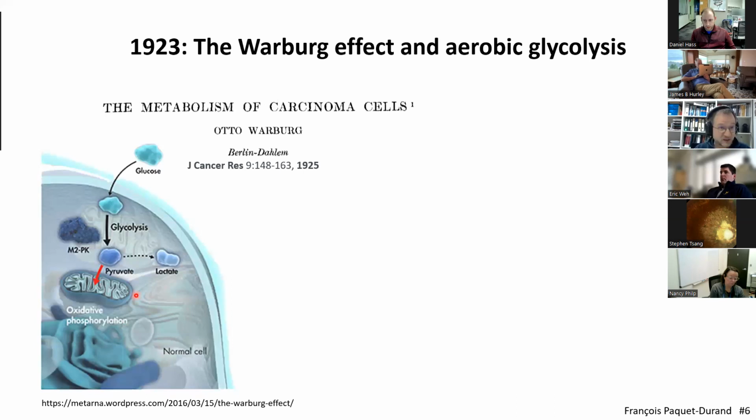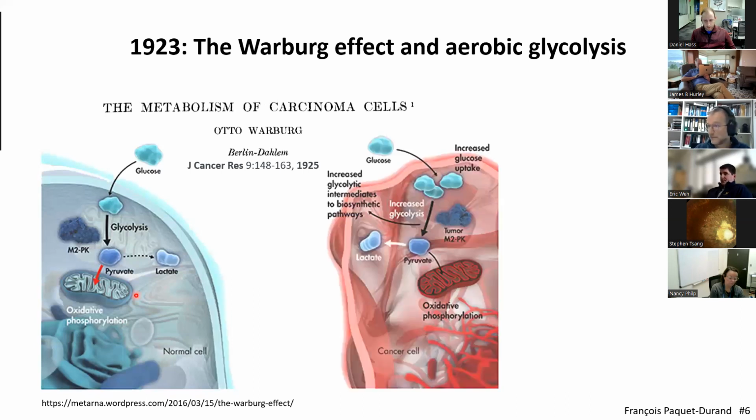He was after cancer pathogenesis, and he studied many different tumors, and he found that in tumors, the pyruvate resulting from glycolysis is converted into lactate and does not undergo oxidative phosphorylation, even though there is oxygen present. And he called this later on aerobic glycolysis.